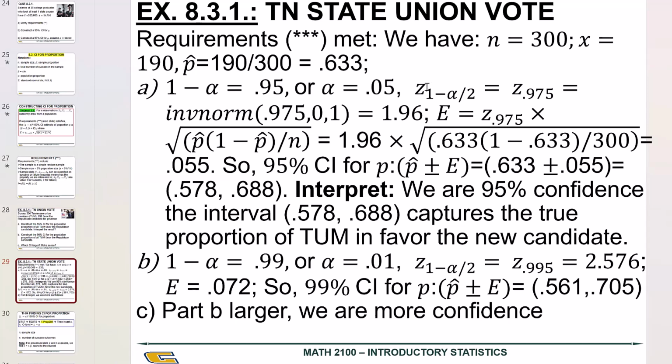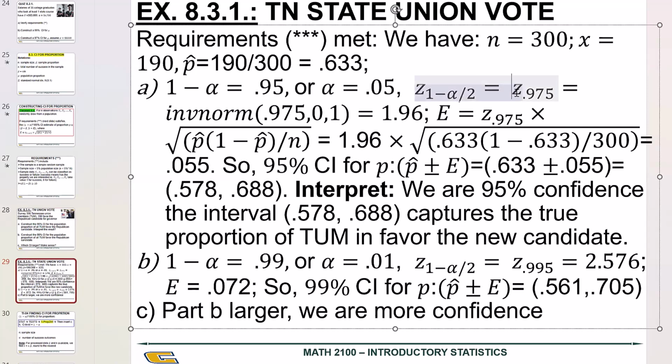So this value is z of 0.975, and you plug it into the invNorm function on your TI, it will give you 1.96, and from that you can get the error E, which is z of 1 minus alpha over 2 times the square root of p hat times (1 minus p hat) divided by n.